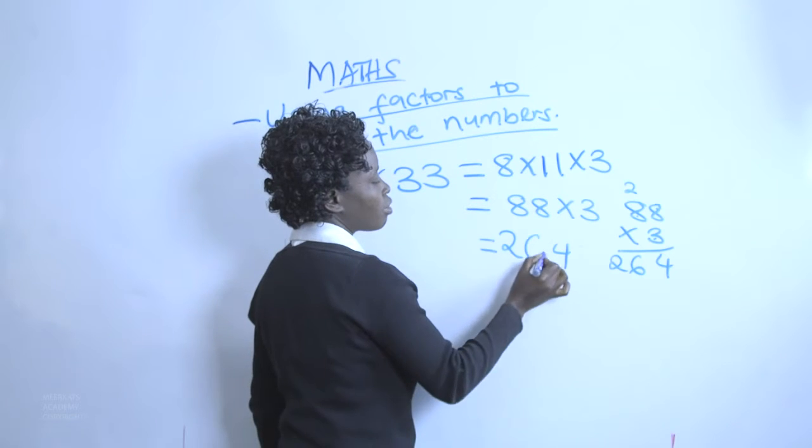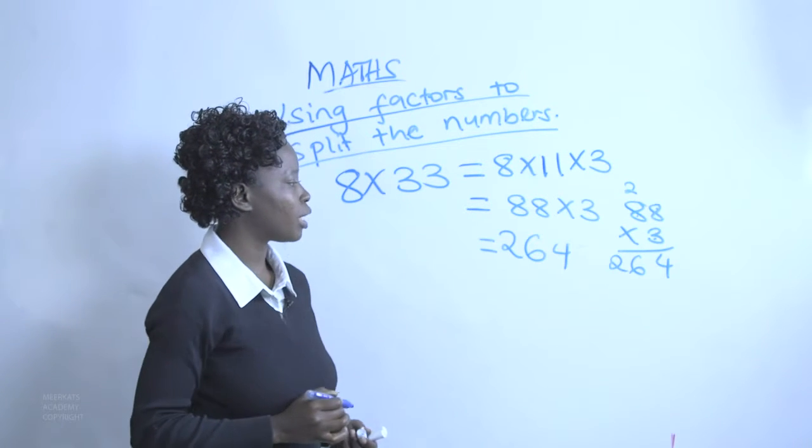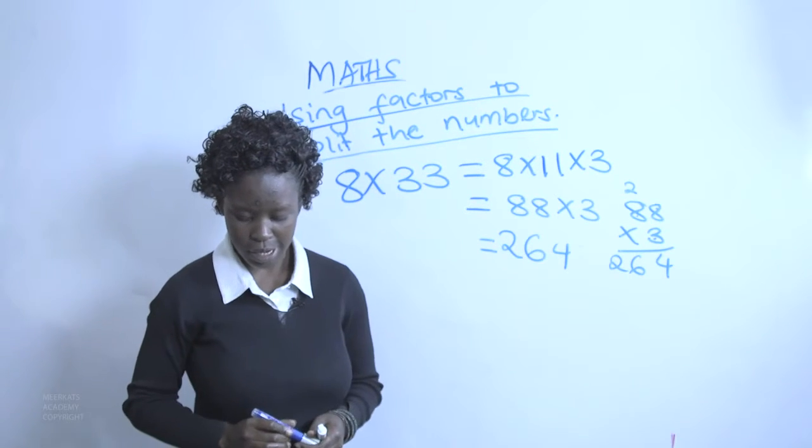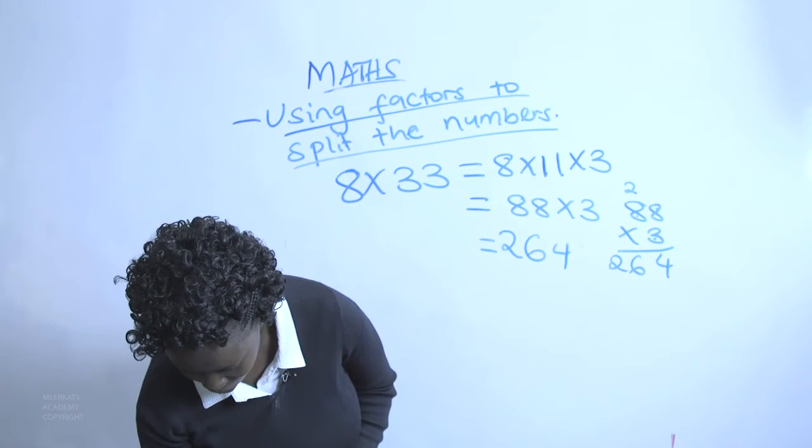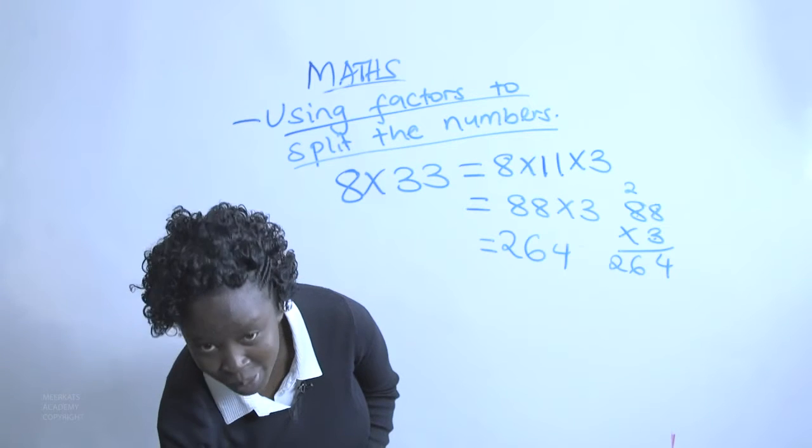So it simply means that 88 multiplied by 3 is 264 as the required answer.